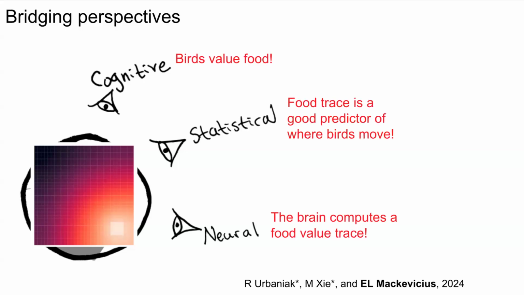And then from a statistical perspective, you might say that this trace here is a good predictor of where the birds are going to move next. And so what we did was phrase different hypotheses as terms in a value function, but then use statistical inference to fit which ones best predict a particular type of behavior.